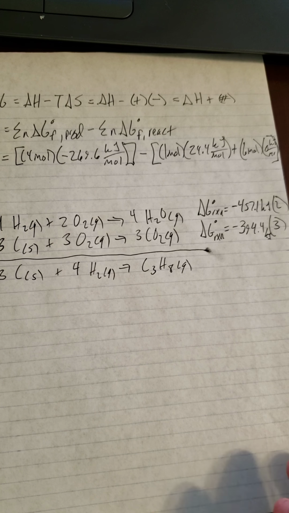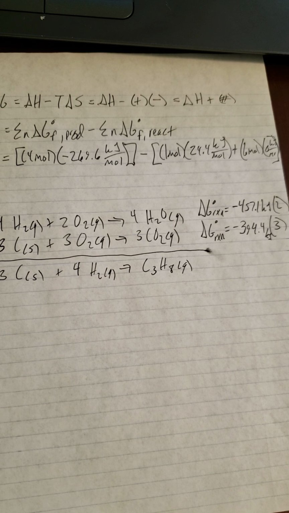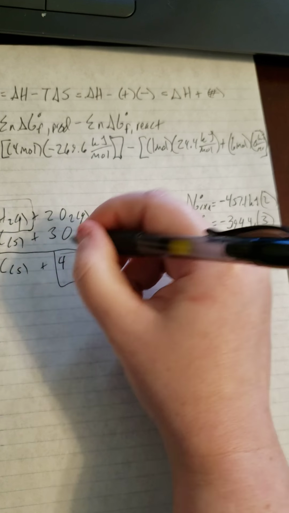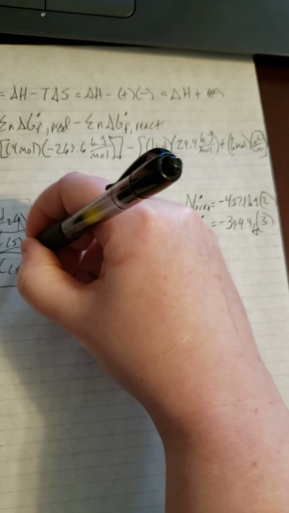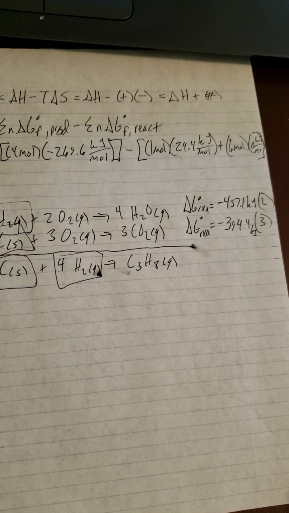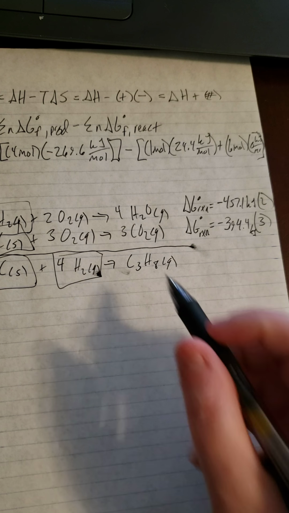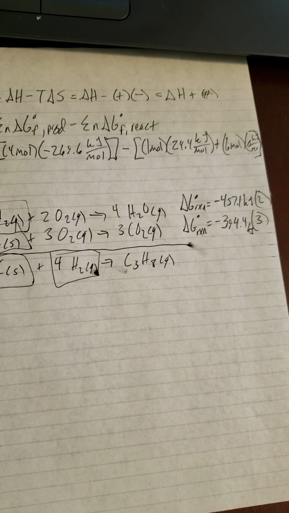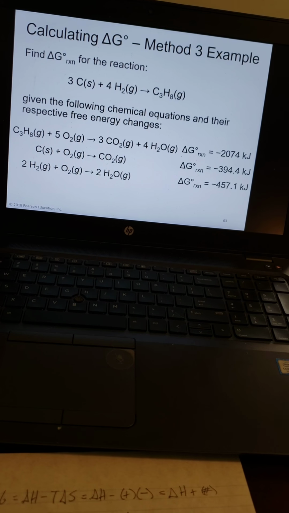All right. So we've got the hydrogen and we've got the carbon. What we need to do at this point is get our propane. We need to get rid of this other stuff, which is good because the last equation we have contains all of that stuff we don't want.